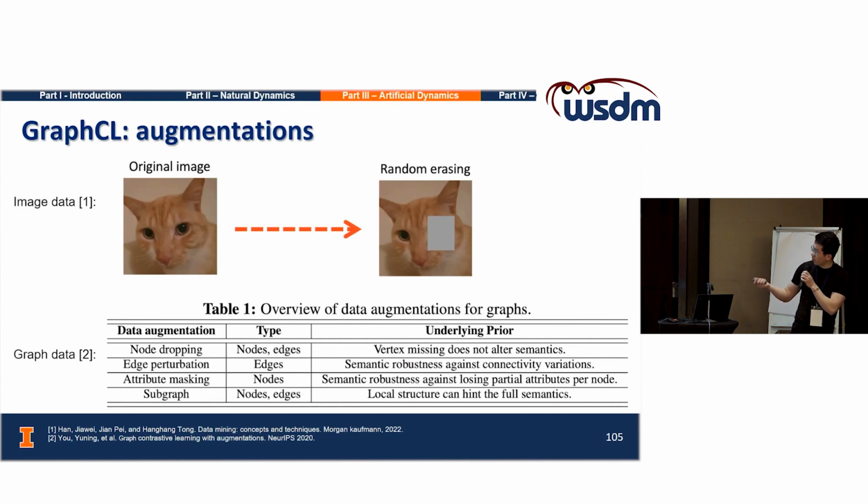And the fourth one is subgraph. Some audience might say node dropping is equivalent to subgraph. The answer is yes, but the subgraph technique they work on is guided by some node importance metric like PageRank scores. Their key idea is to select the most important nodes in the given graph and drop the non-important nodes.